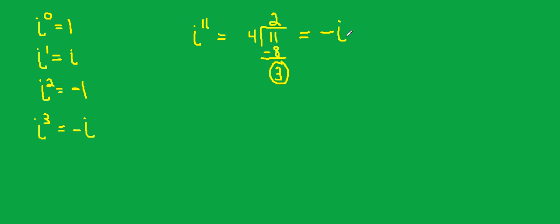Okay. What else have I got? The next one is i to the 40. I'm going to divide 40 by 4. 4 goes into 40 10 times, so I know it goes in evenly, and I'm going to have 0 remainder. So i to the 40 equals 1, because I have a 0 remainder.